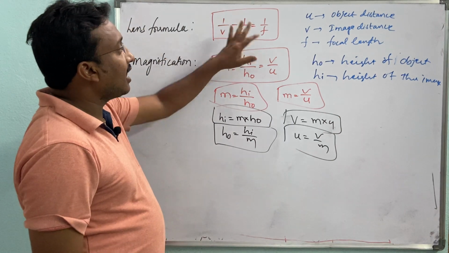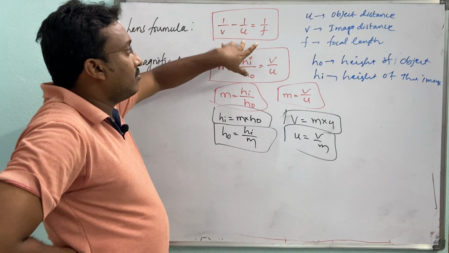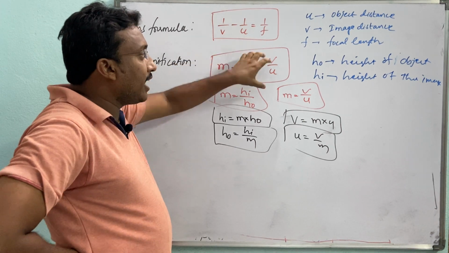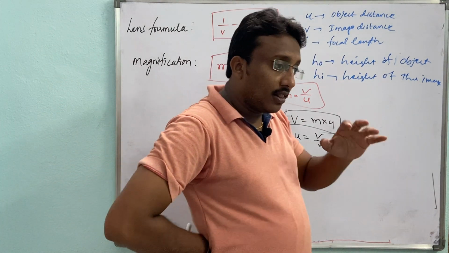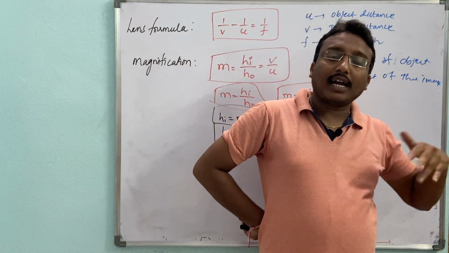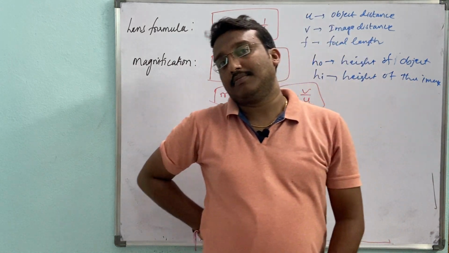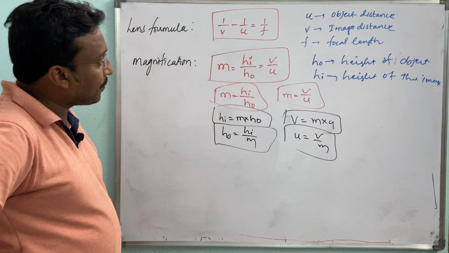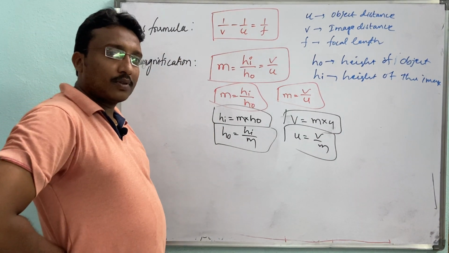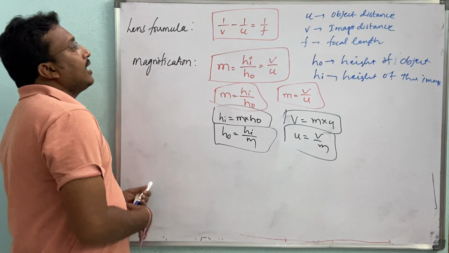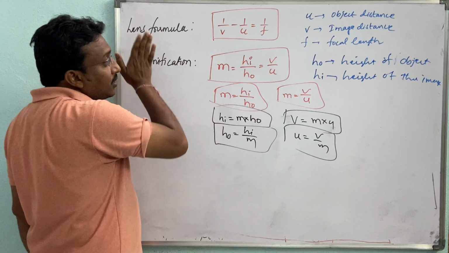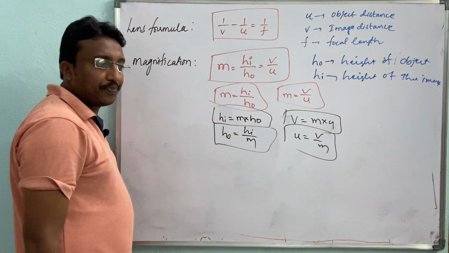The lens formula gives a relation between object distance, image distance and focal length. Magnification gives a relation between the height of the image and the height of the object formed by a given lens. But we cannot use these principles directly.